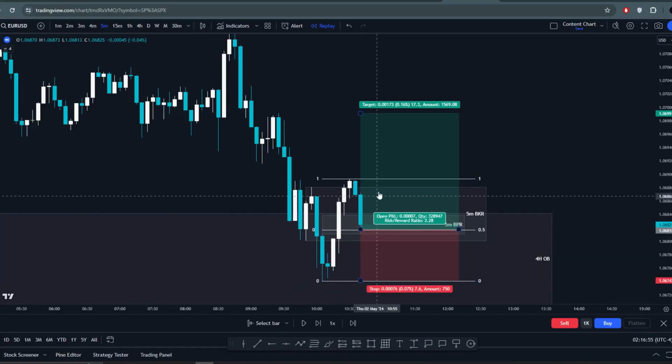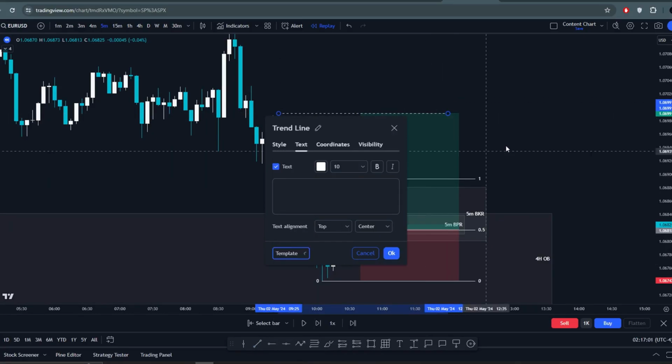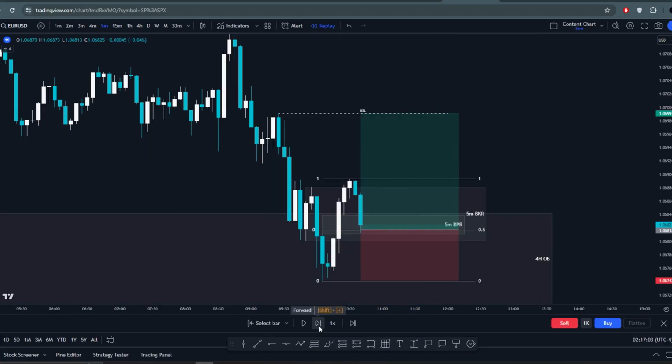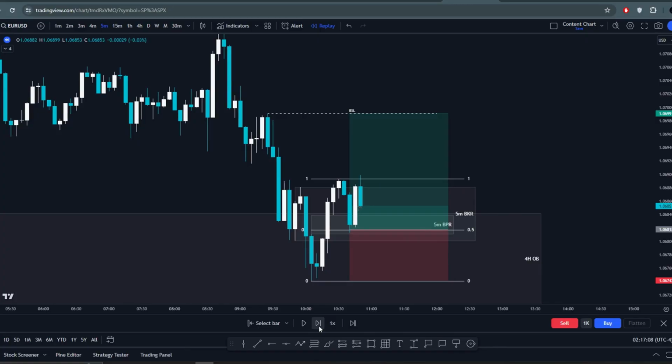The price should now continue higher. You can aim for this buy-side liquidity right here. And as we can see, it respected that 5-minute balanced price range beautifully and also respected our 5-minute breaker block.